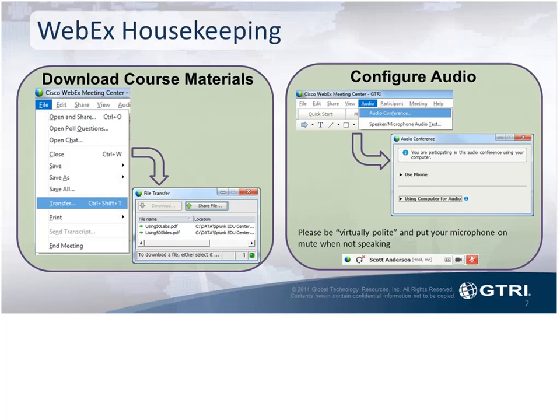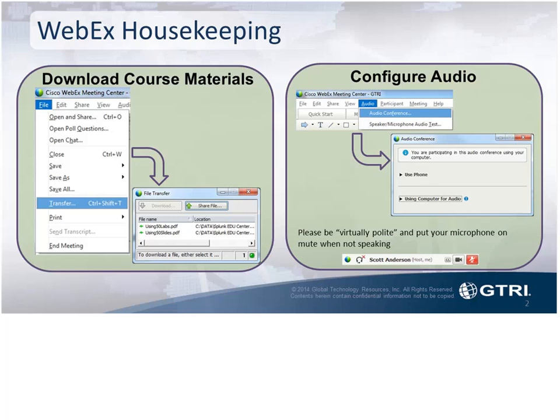The 3 files are the logins file, logins.pdf, a PDF of the slide deck we're going to give today, and a Word document that contains the labs you're going to do.